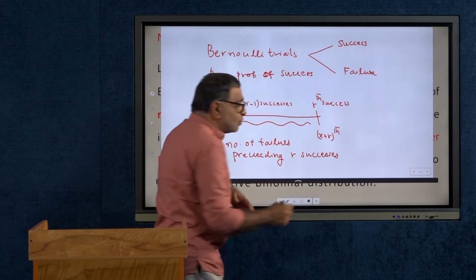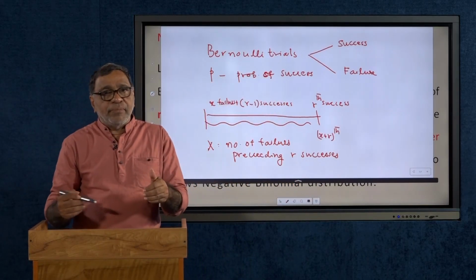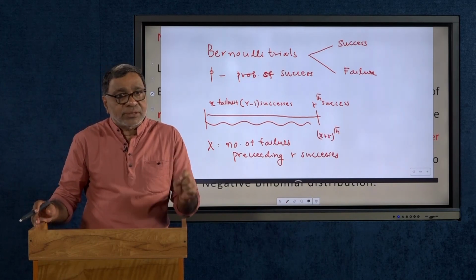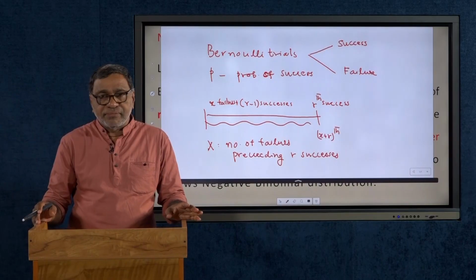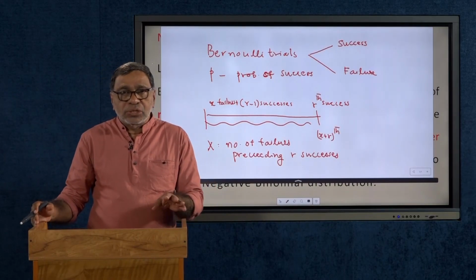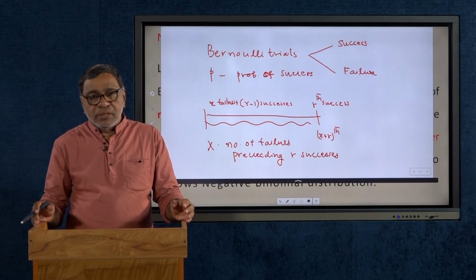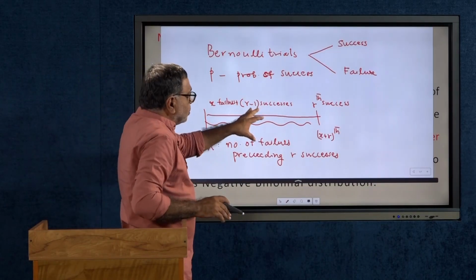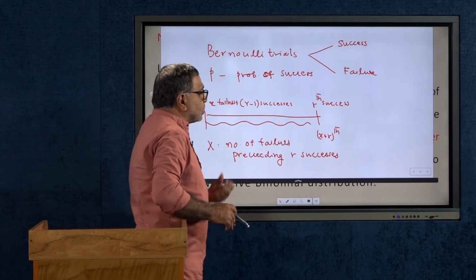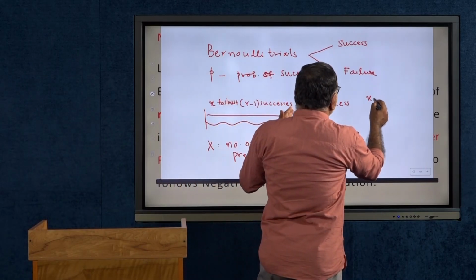In the case of geometric distribution, we are actually modeling a random variable x, which is the number of failures preceding first success. Instead of that, we are modeling a random variable x, which is the number of failures preceding r successes. And just look at the situation here. Before the x plus rth trial, how many trials are there?